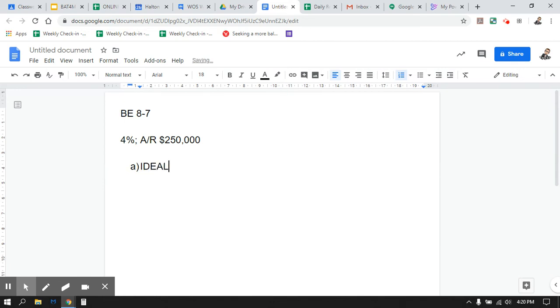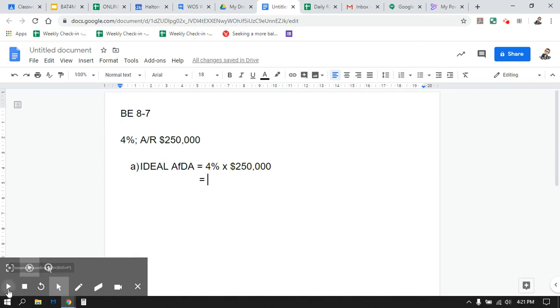So the ideal balance for AFDA is calculated as 4% times 250,000, or $10,000.